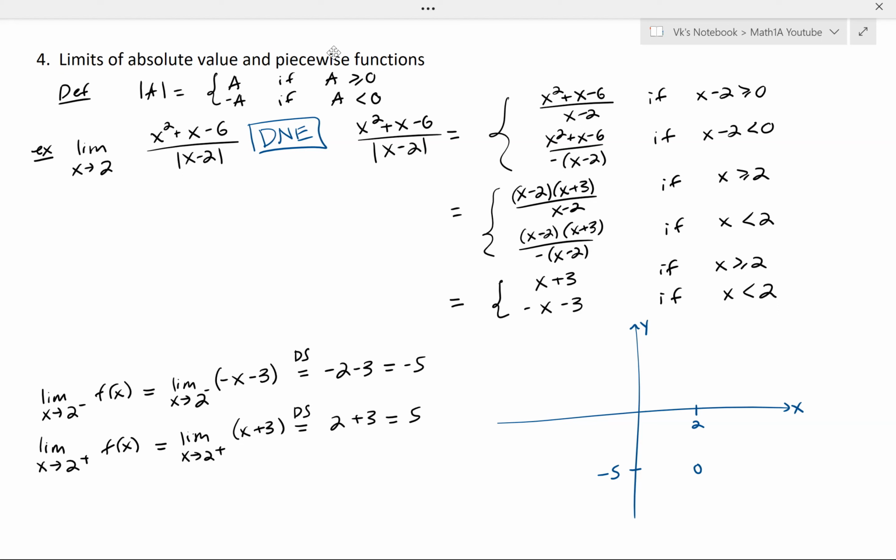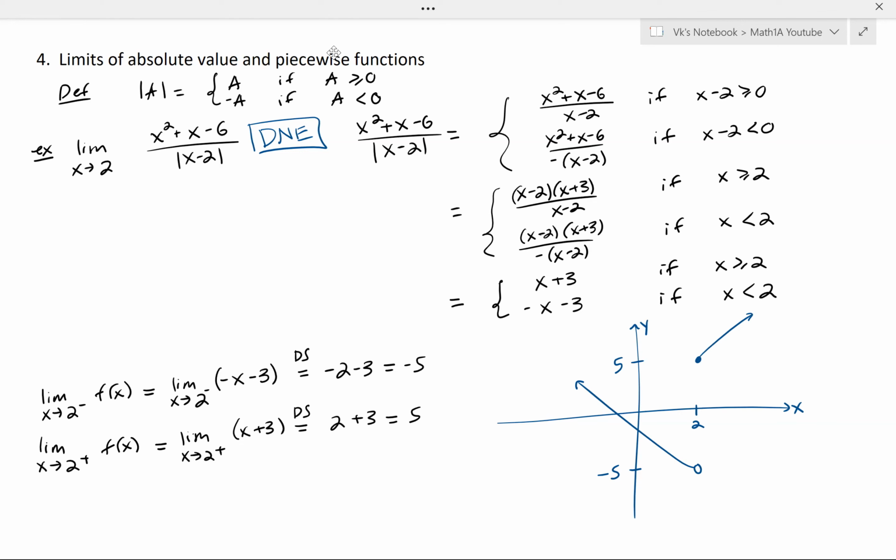Go up, because negative x minus 3 is a straight line. Now, the limit as x approaches 2 on the right side is 5, and x does equal 2. So we use the solid circle. Straight line. Yay, this is the graph.